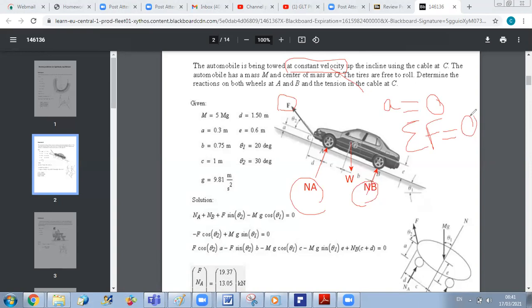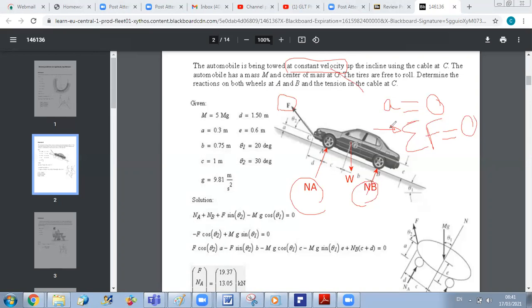Static equilibrium means that I am at rest. Dynamic equilibrium means that I am moving but with a constant velocity on a straight line. This means no acceleration. So I go back to the same relation, which is sum of forces equal to 0. Okay? Now, what are the equations I can write?